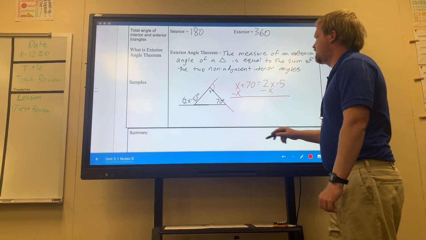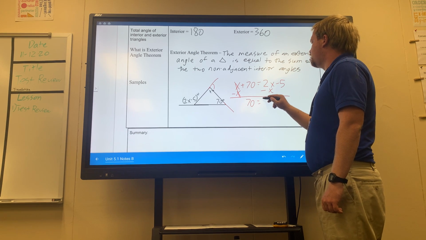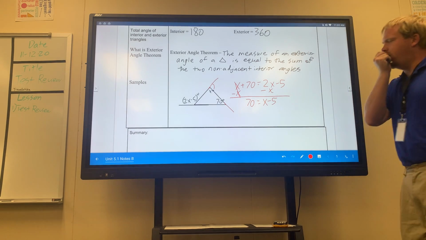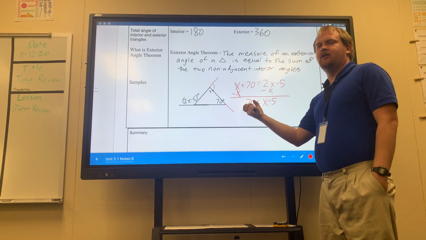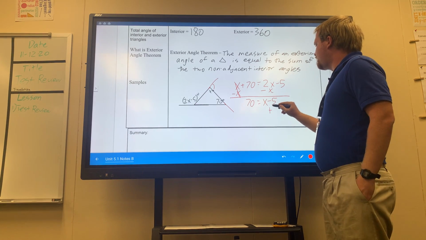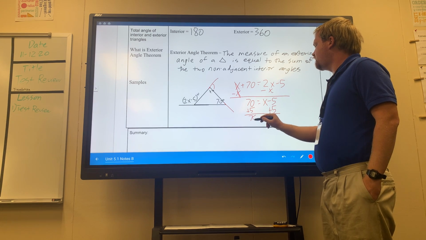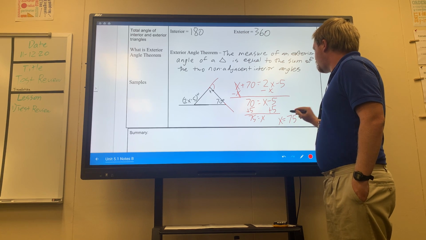So I subtract x, this cancels out. 70 equals x minus 5. Now I gotta move this 5 to the other side. So if I add 5 to both sides, I get 75 equals x. So basically x equals 75.